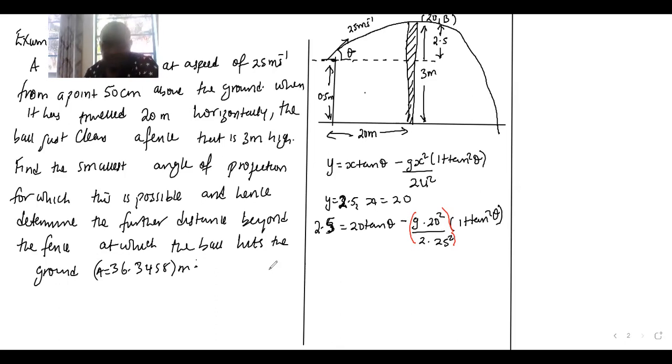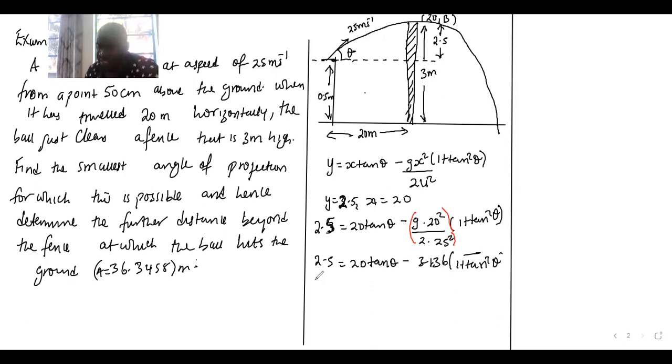It's slightly smaller than that. 3.136. Correct. 3.136 minus 3.136 into 1 plus tan squared theta.